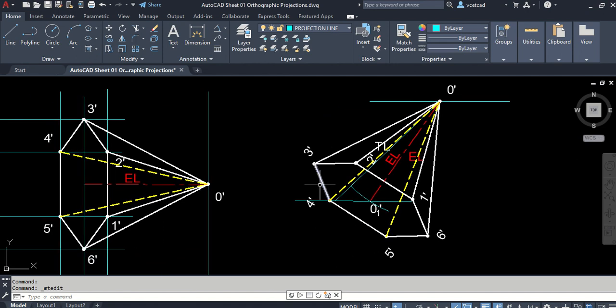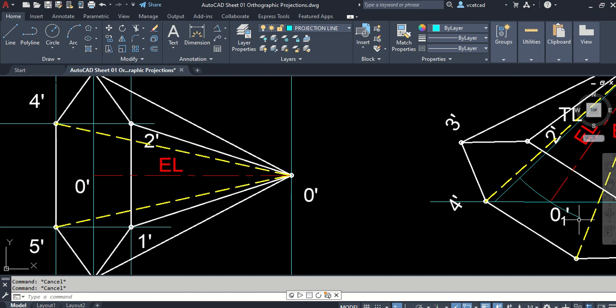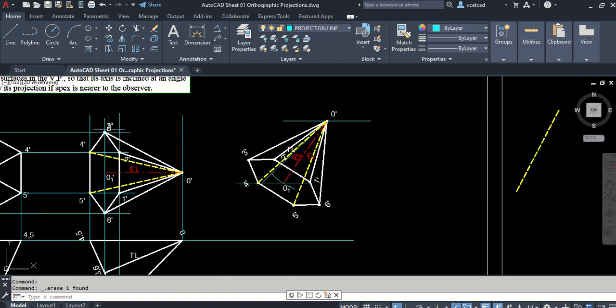Now for locating the other points, you take the distance O1 dash to 3 dash in the compass. From this point you cut an arc.